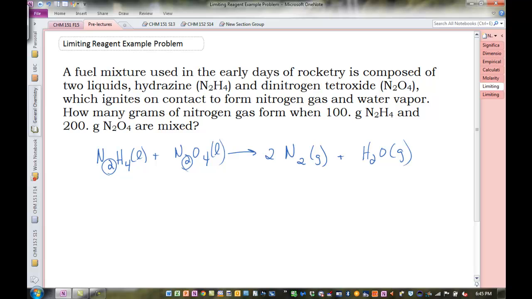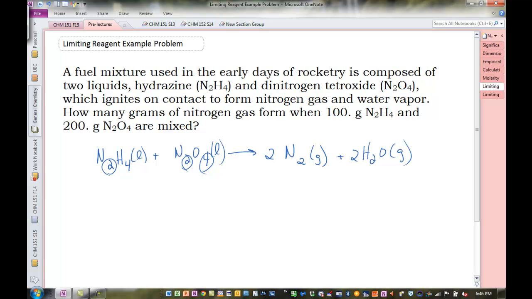So I'm going to need a 2 there. And then we come over to the hydrogen. There's 4, so we put a 2 there. Boy, something's wrong, isn't it? Because now I have 4 oxygens, but I only have 2 over on the right. That's a problem. So in this case, it didn't work starting with everything other than hydrogen and oxygen first.